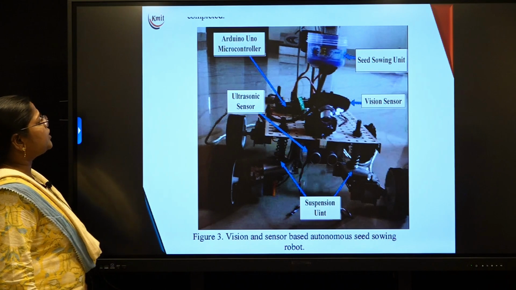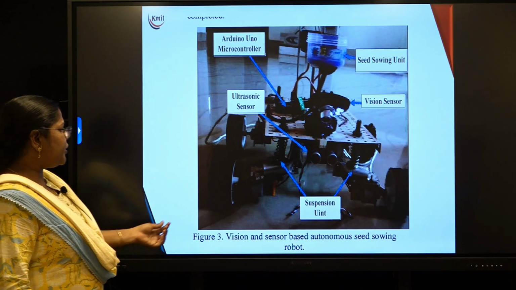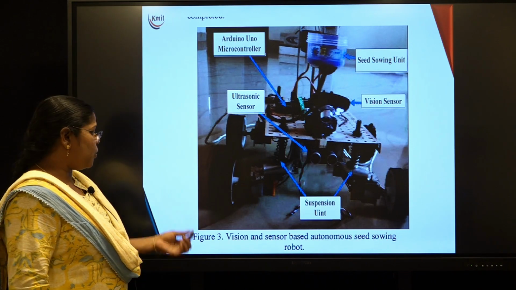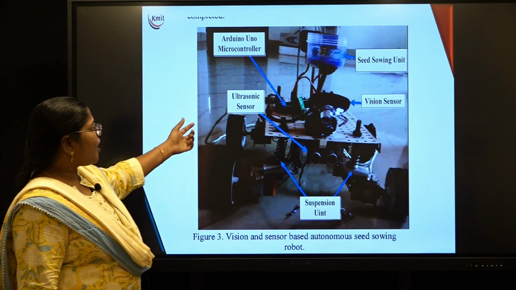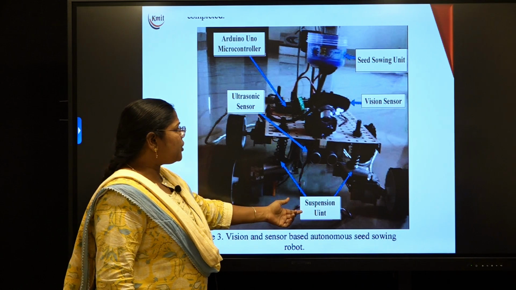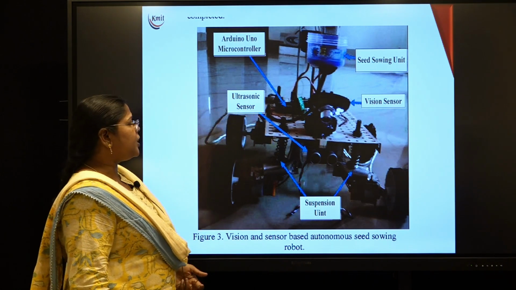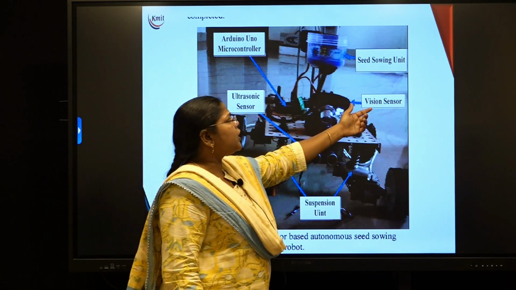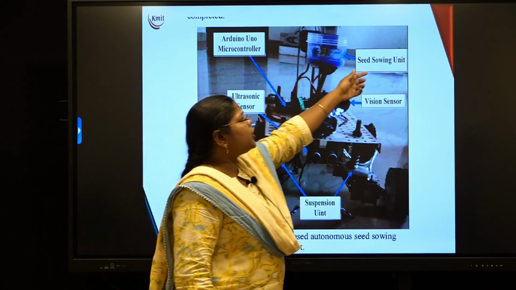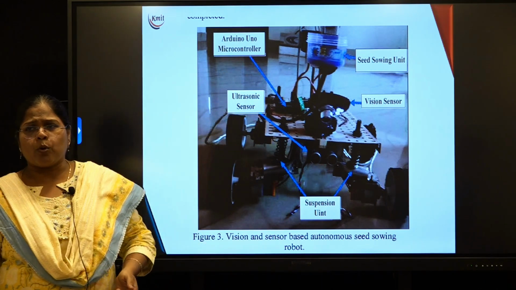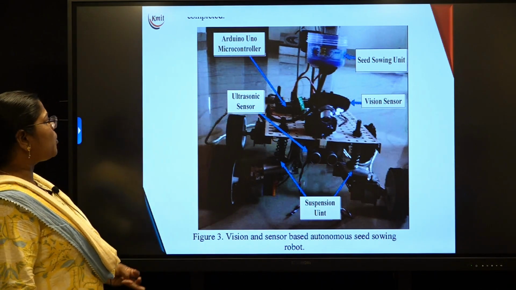Next, here we can see a small vision and sensor based autonomous seed sowing robot, where we have the suspension unit, the ultrasonic sensor, a vision sensor, a seed sowing unit, and the microcontroller.